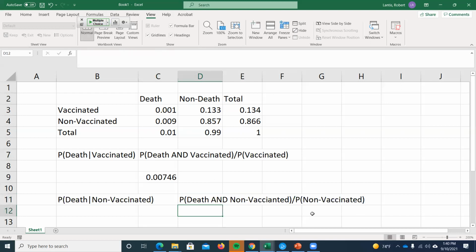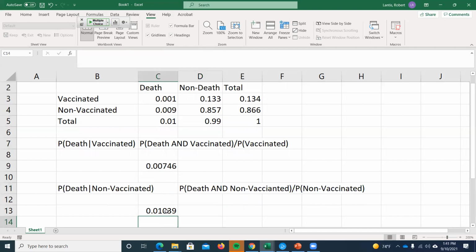So the probability that someone dies and is non-vaccinated in this data set is 0.009, divided by the probability that they're not vaccinated, 0.866. And we get a little bit higher of a probability there.